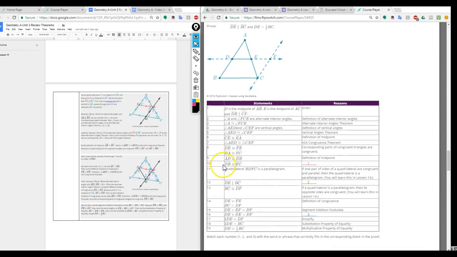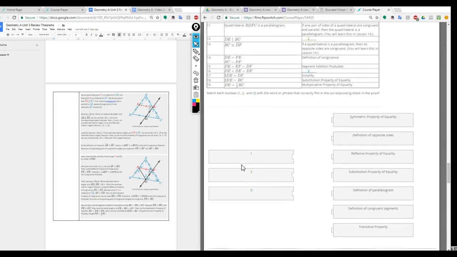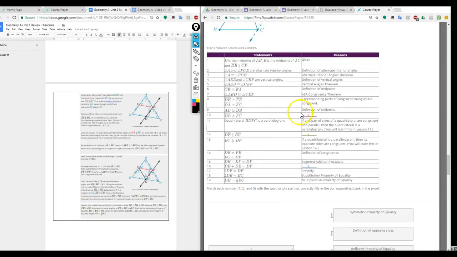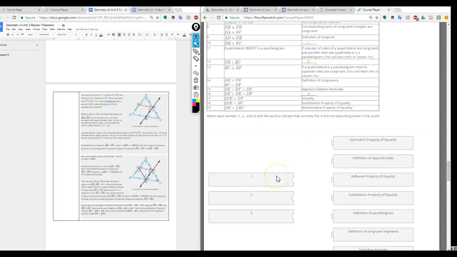So if we look here, segment DB is congruent to segment FC. We need our reason for that.